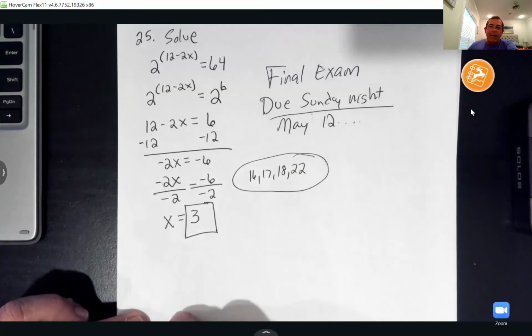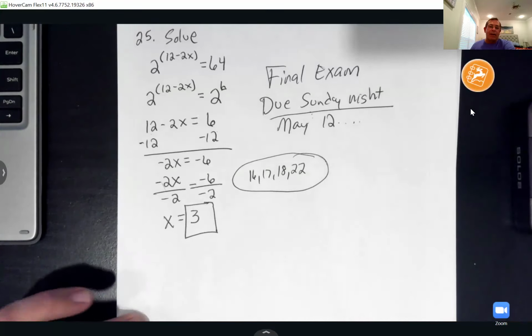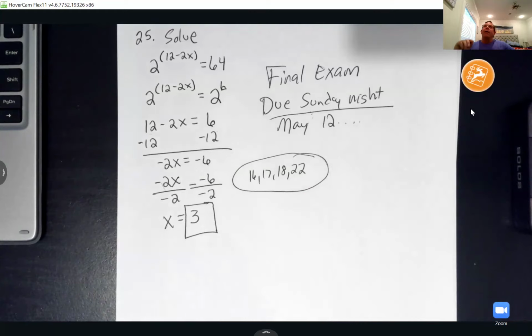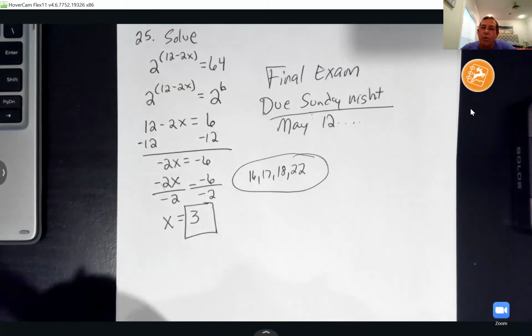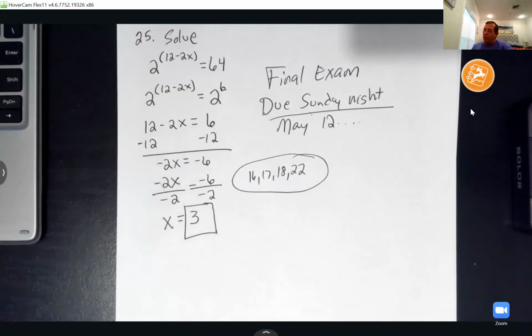So if you bombed one of my tests, you did good on the final, that test will have the same score as your final, okay? And then I will drop the 2 lowest homework grades, okay? So those grades will jump a little bit at the end of this class. Once y'all take the final and I get in there and I can drop scores and replace tests with final scores and stuff. So your score should go up pretty decent after the final.